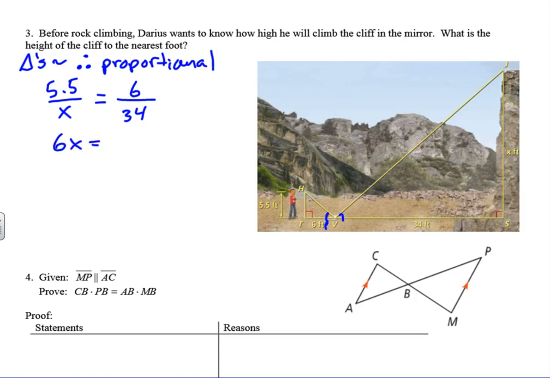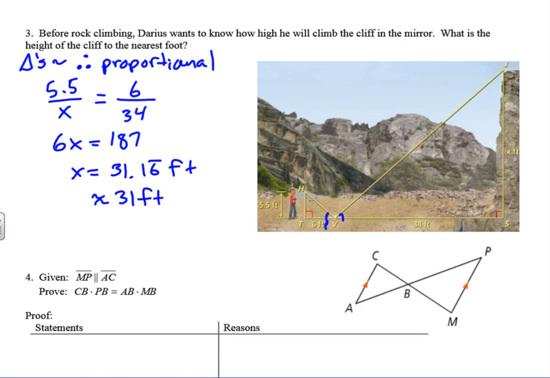We get 6x equals 34 times 5.5, which is 187. And then we divide that by 6, and we get 31.16 repeating feet.